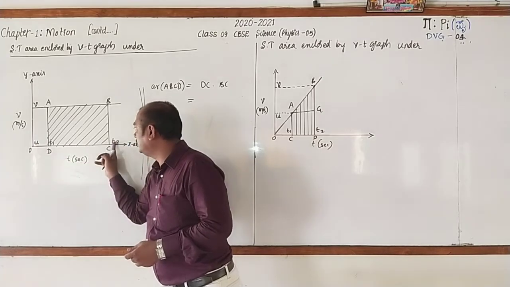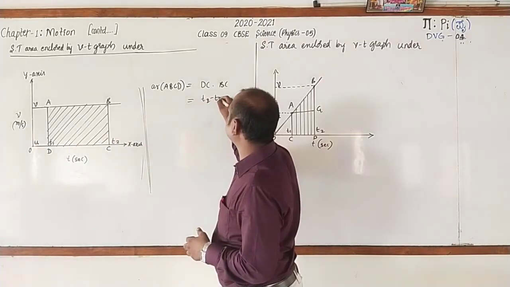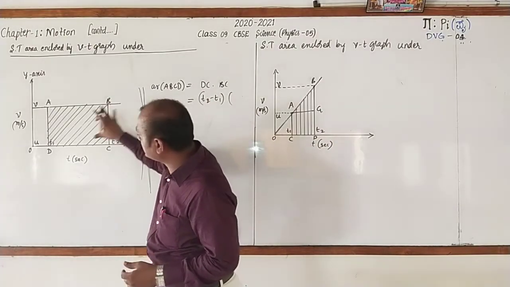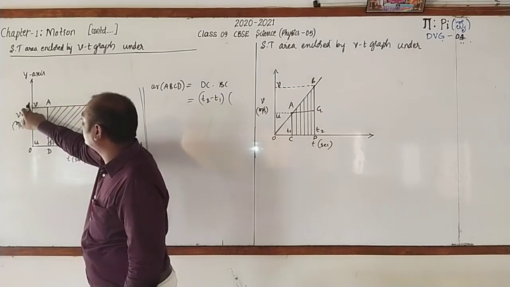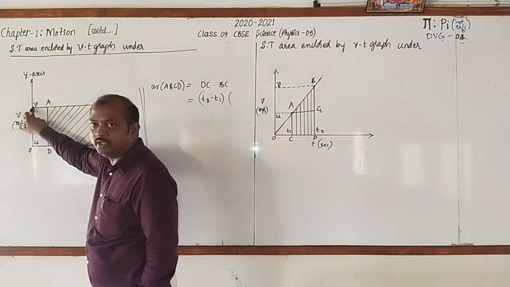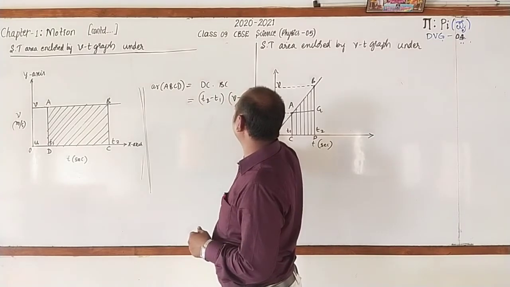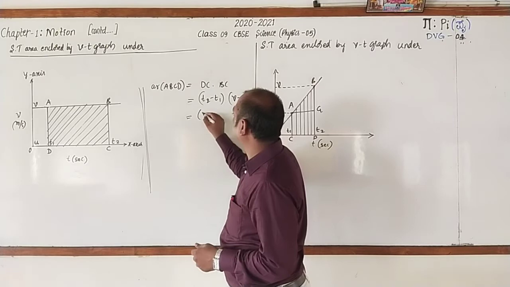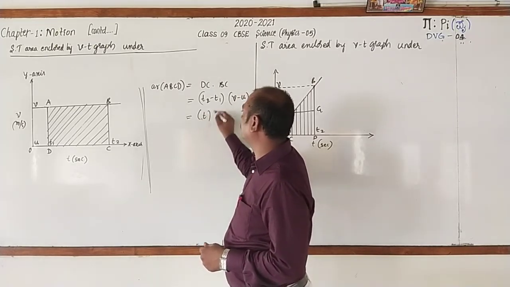Hence we can write T2 minus T1. So T2 minus T1 is DC. What about BC? BC is nothing but DA. See this much. From O to V, here U is there at O, then here is V. So this distance will be V minus U. Alright, V minus U. Then it is equal to, here T2 minus T1 can be written as just T only.